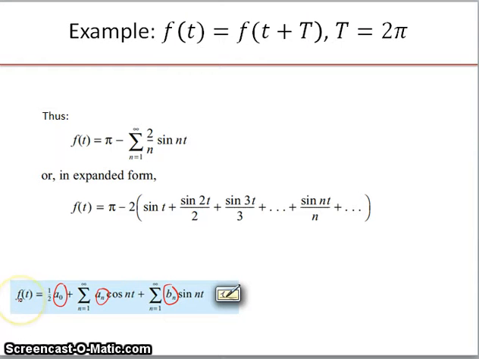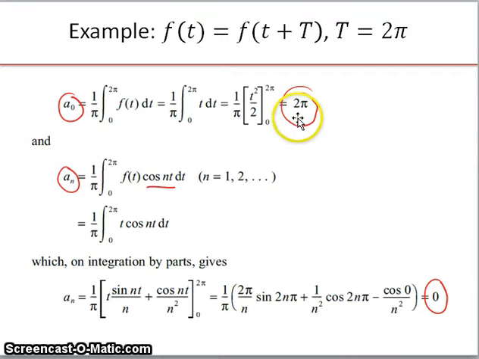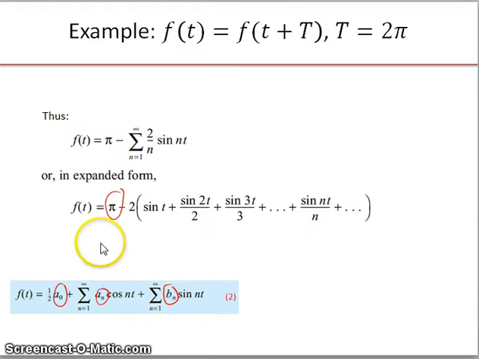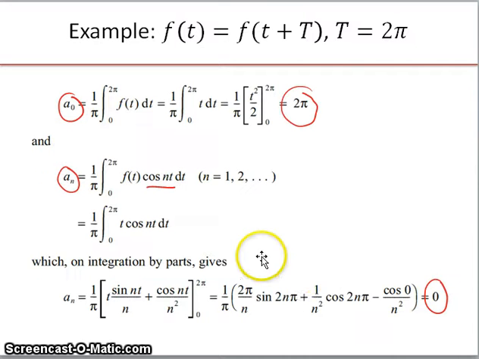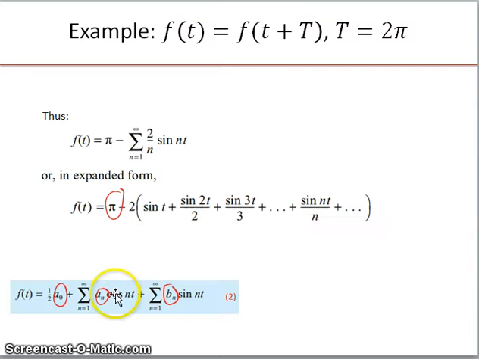Once we know the a naught, this is the value of a naught over 2 just now. Since we have a naught equals 2 pi, 2 pi over 2 becomes pi. And here we have an equals 0, so we don't have any value here.